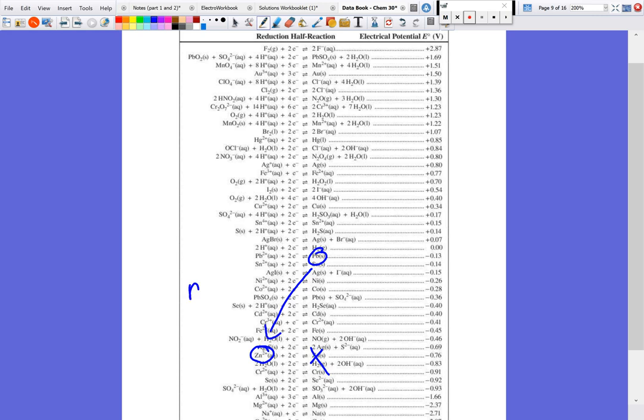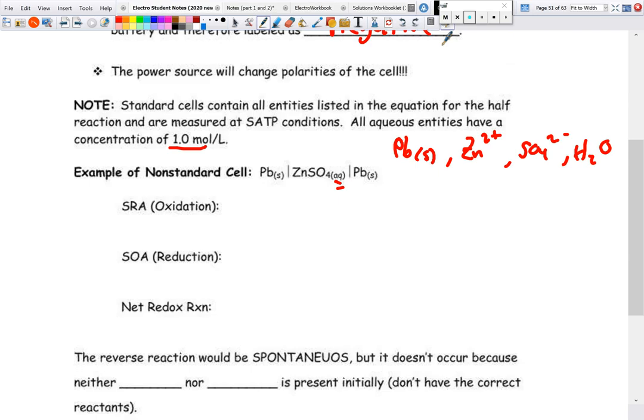Now notice this is a non-spontaneous reaction, right? So we can put that in. Lead is our strongest reducing agent, zinc is our strongest oxidizing agent, so we can fill these into our notes right here. So our strongest reducing agent was Pb solid, producing Pb2 plus and 2 electrons.